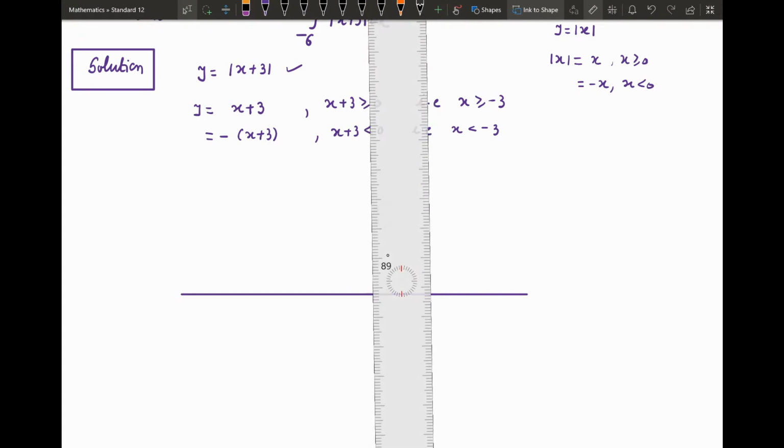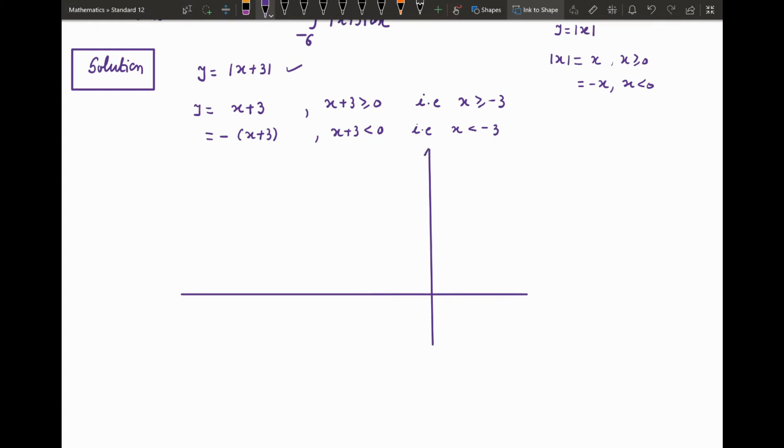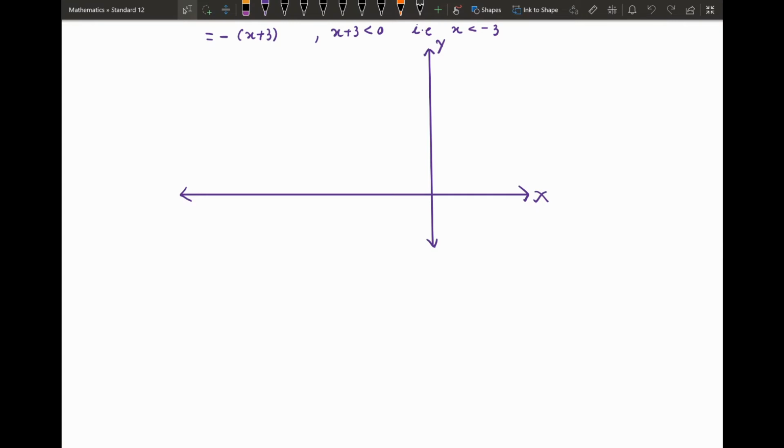So we are familiar with this. This is the x axis, y axis. Here 0, minus 1, minus 2, minus 3, minus 4, minus 5 and minus 6.